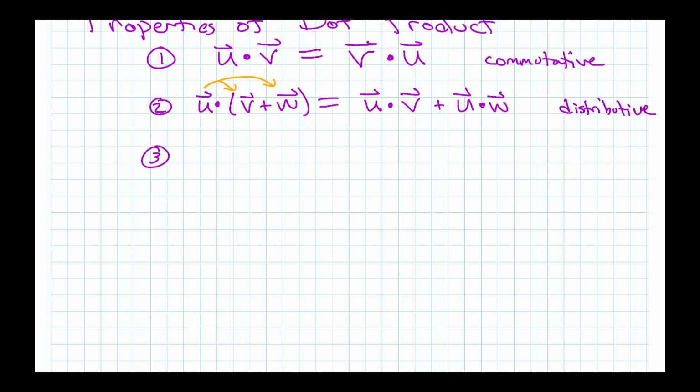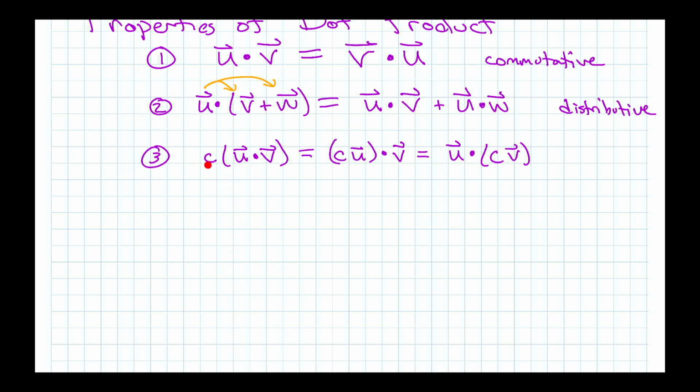Well, turns out that if you have a constant, so no arrow over the top, it's a scalar number, and then you do a u dot v, turns out that that's the same as if you multiply the c times the u first, and then do the dot product with v. And it's also the same as if you did u dot cv.